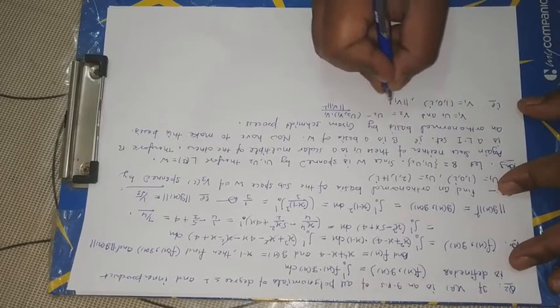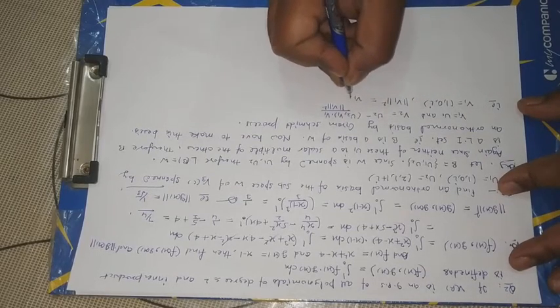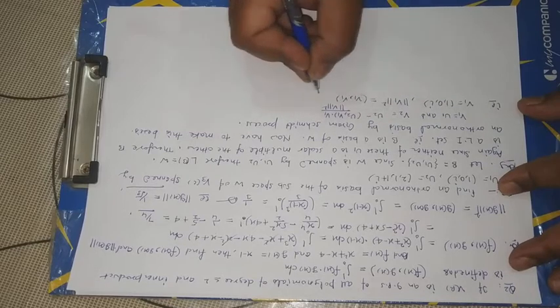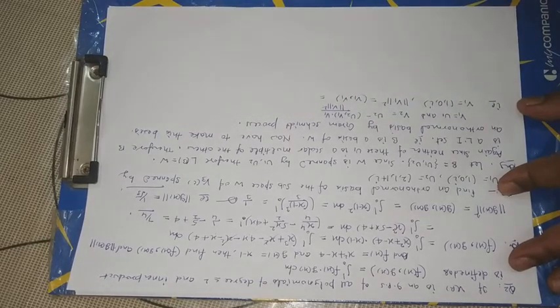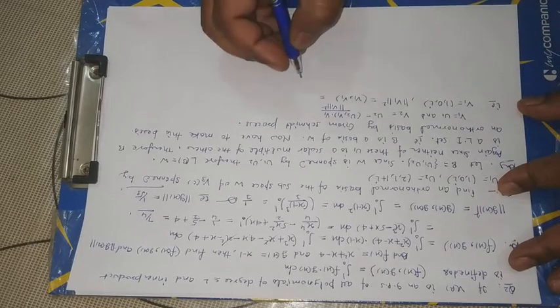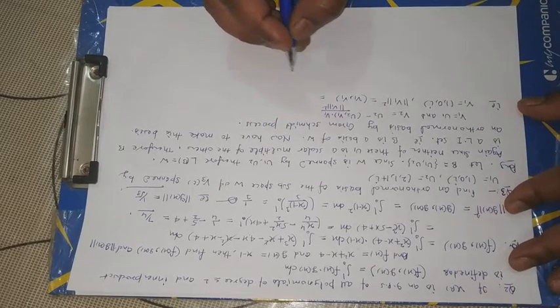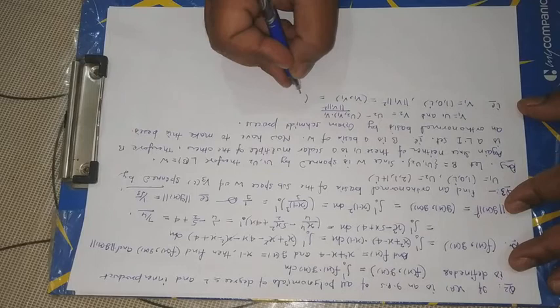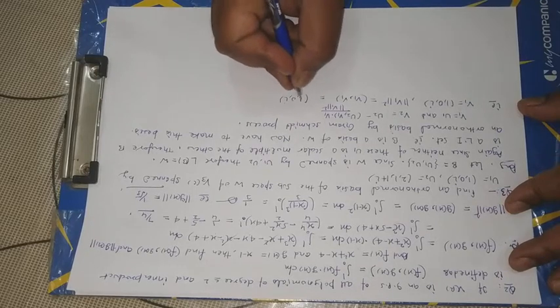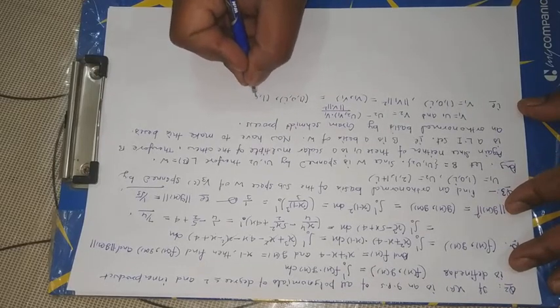Now V1 norm square is equal to V1 inner product with V1. This is equal to (1, 0, i) inner product with (1, 0, i).